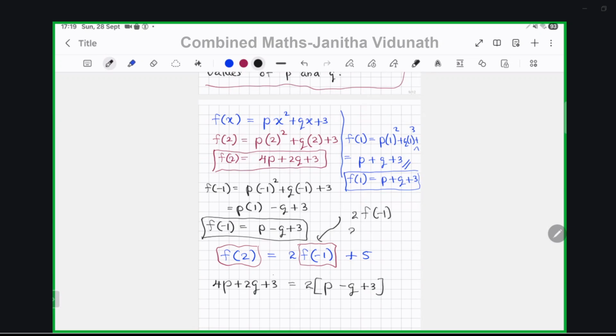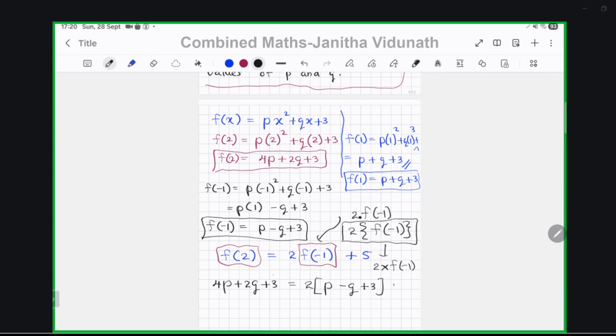We need to multiply the 2 with the value of f(-1). This is the simple definition of 2 times f(-1): first we find the value of f(-1), then the whole value is multiplied by 2.